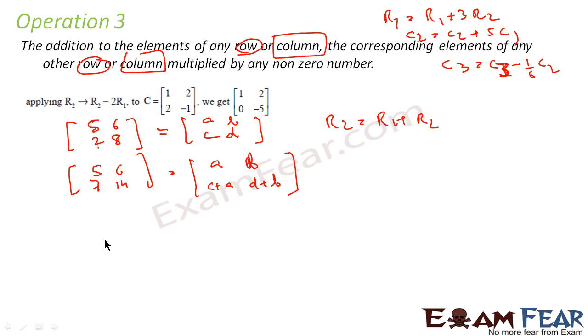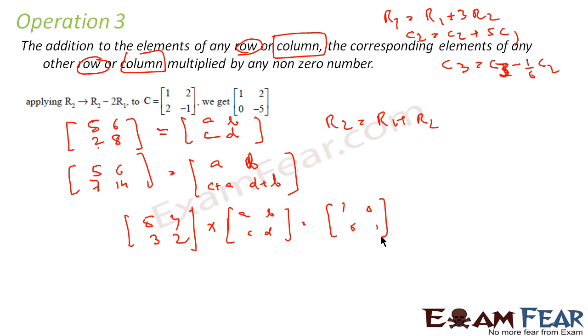I'll tell you one example. For example, we have to find the inverse. Let's suppose we have to find the inverse of 5, 4, 3, 2. So I say this matrix, multiplied by some matrix A, will be equal to 1, 0, 0, 1. Correct? That means A is the inverse.